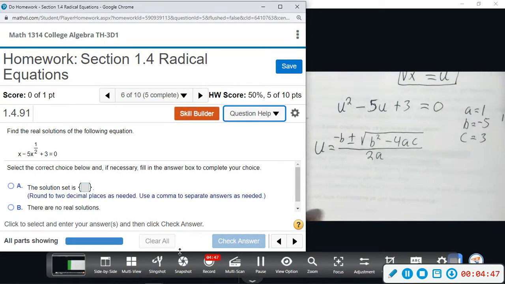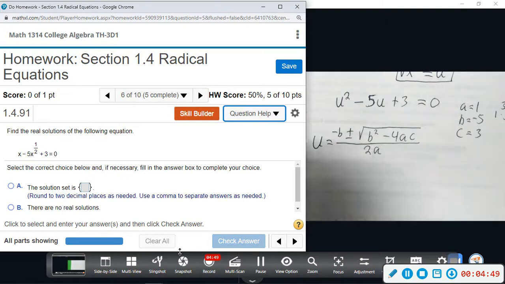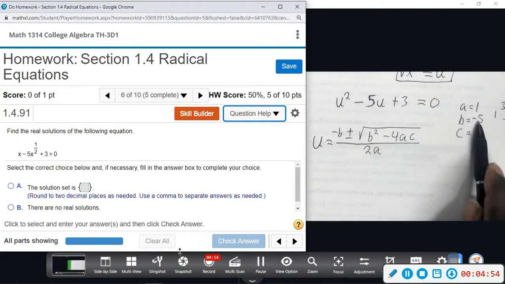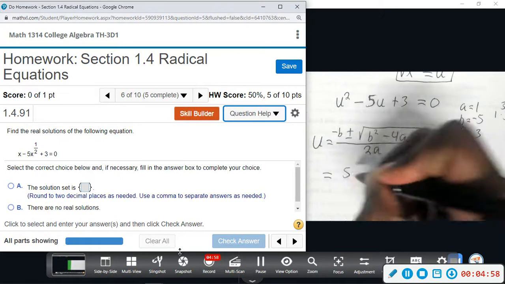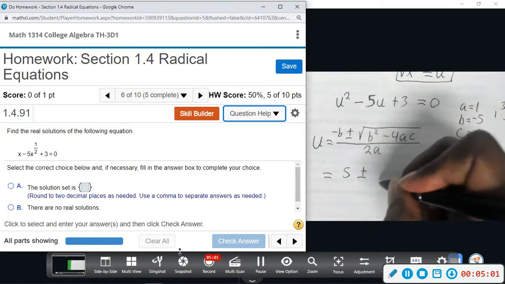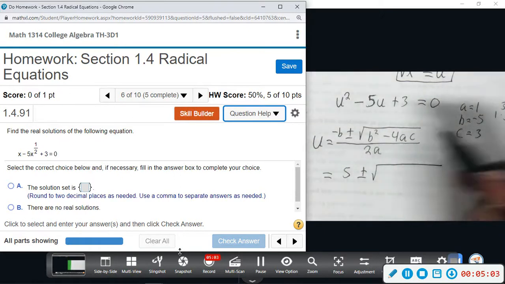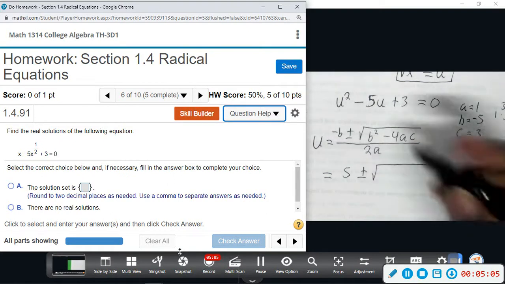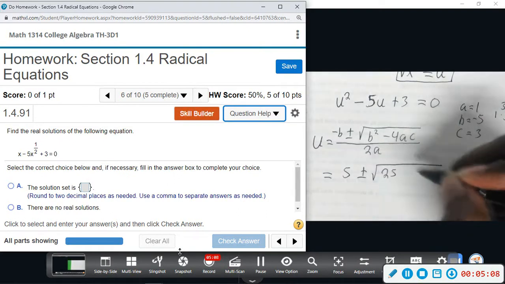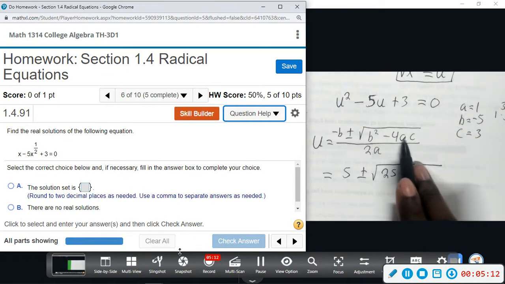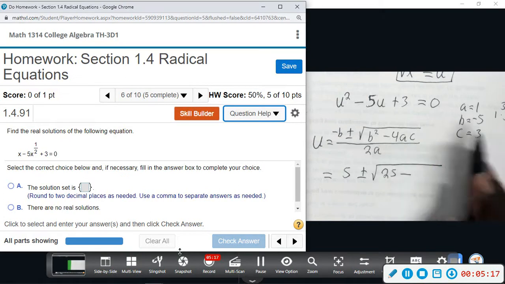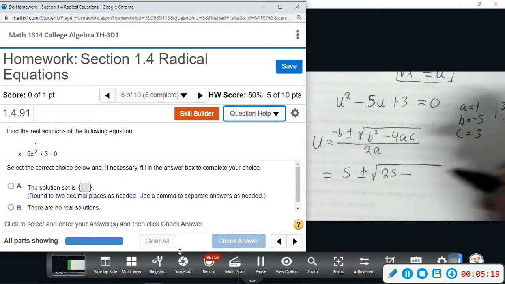All right, once we identify those, I'm going to start plugging in and simplifying. So we plug in a negative B, but it's already negative, so negative times a negative will be positive. So I plug in a positive 5 here, plus or minus the square root, B squared, so negative 5 squared is 25, minus 4AC, so 4 times A, which is 1, so 4 times 1 is 4, and then 4 times C, which is 3, is 12.